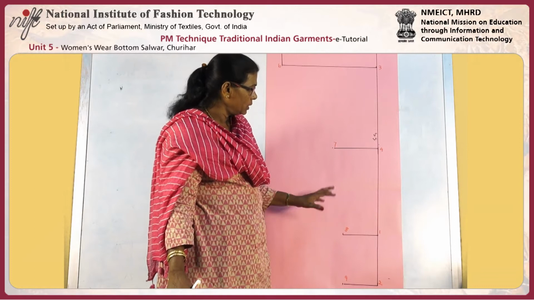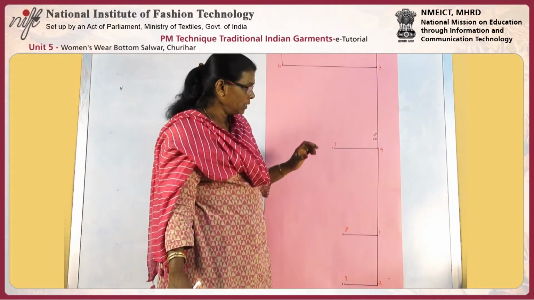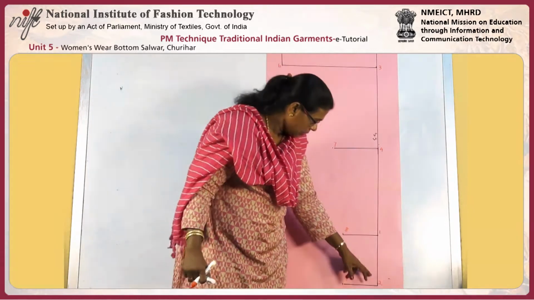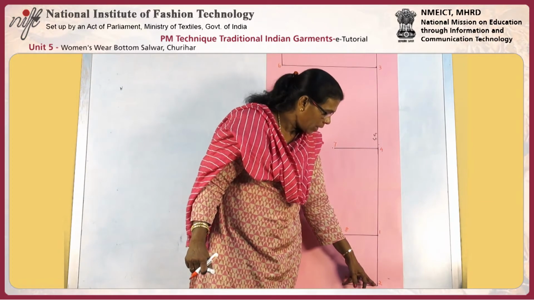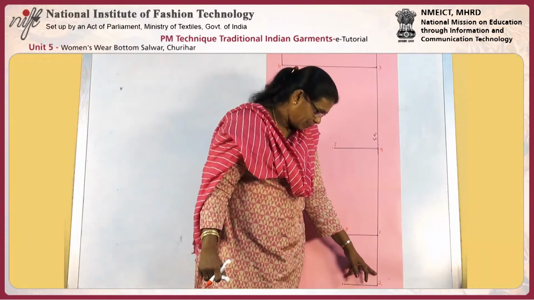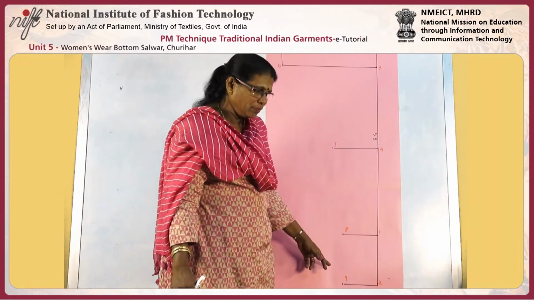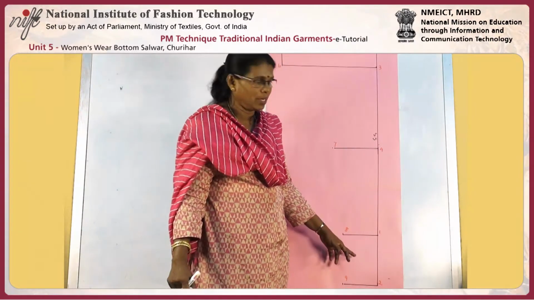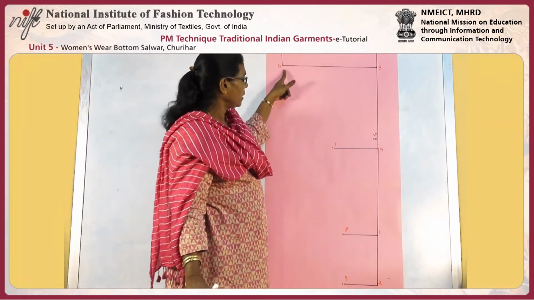Already told that it's a churidhar pant. Then it has the crush effect or the churi effect at the ankle. This is the ankle line, and from there we are extending around 8 inches. This may be reduced or extended according to the requirement of the churi or according to the fabric. And this line is the crotch line.